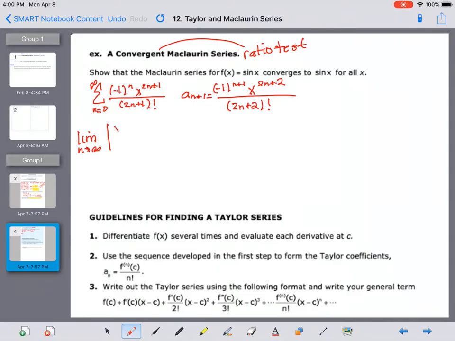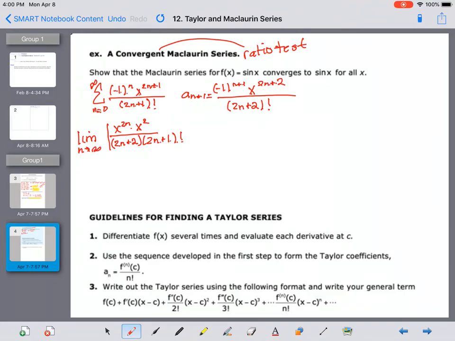So I'm going to start splitting it up just like we often did. So I get that over, and then again with the factorial, 2n plus 2, that's our first one. When I subtract 1, I get 2n plus 1, and that's kind of what I want to see because that's my original denominator in my original series.